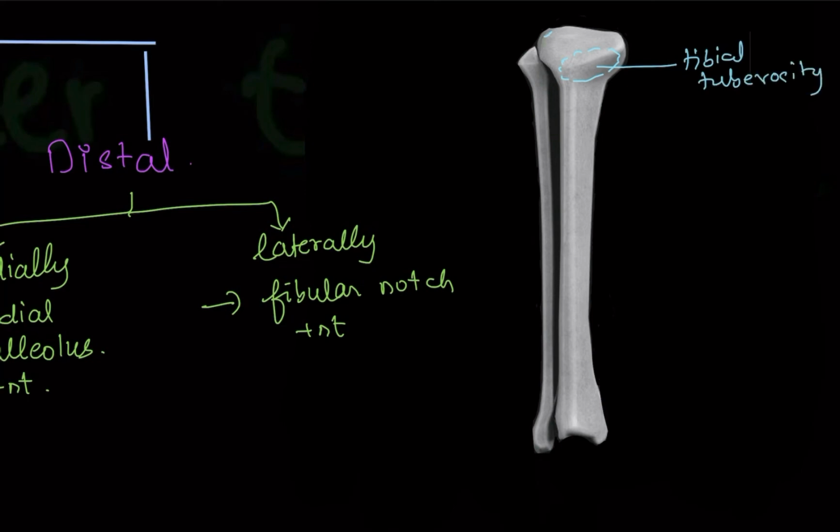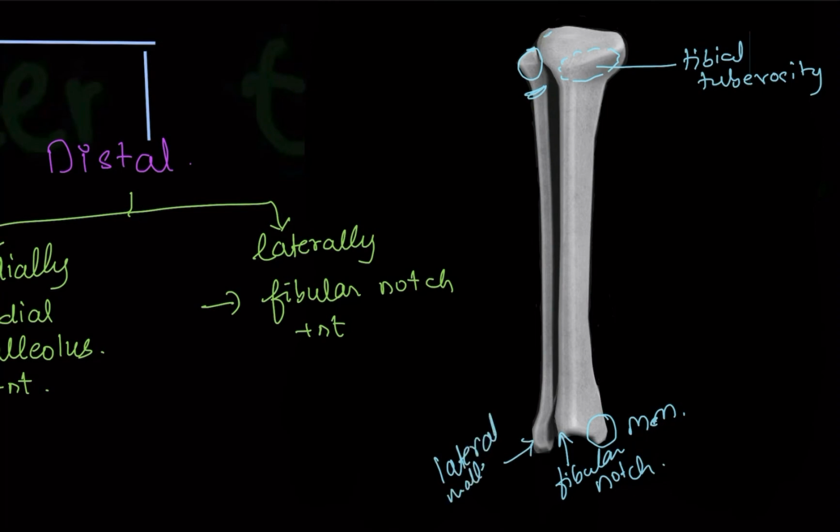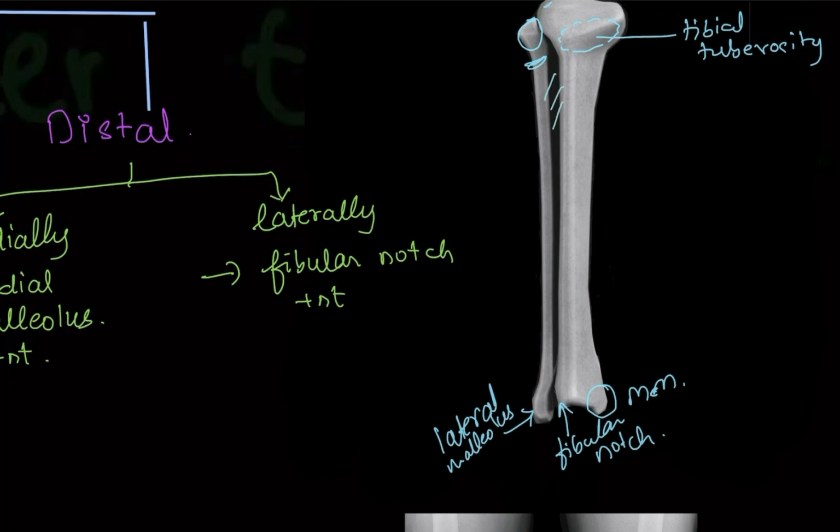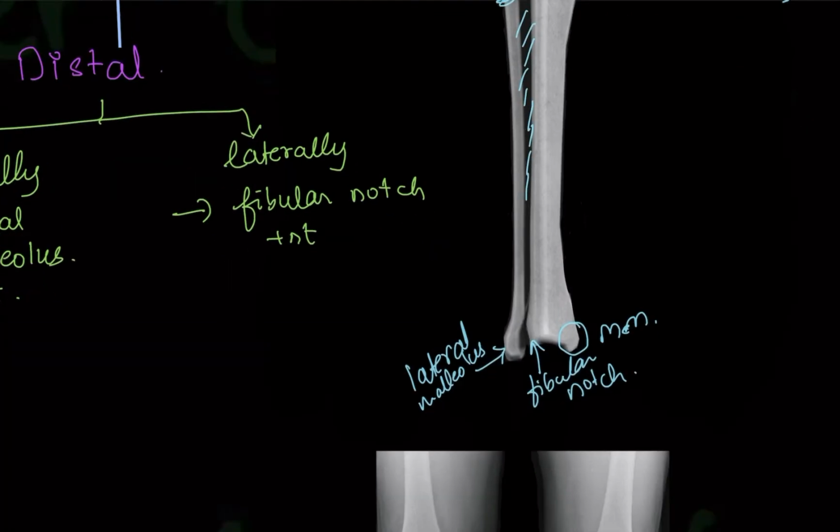Then you have the shaft of the tibia, and distally the medial malleolus. Here is the fibular notch. Then the fibula: the head, the neck, the shaft, and distally the lateral malleolus, which is palpable at your ankle. And between the tibia and fibula, you have the interosseous membrane.